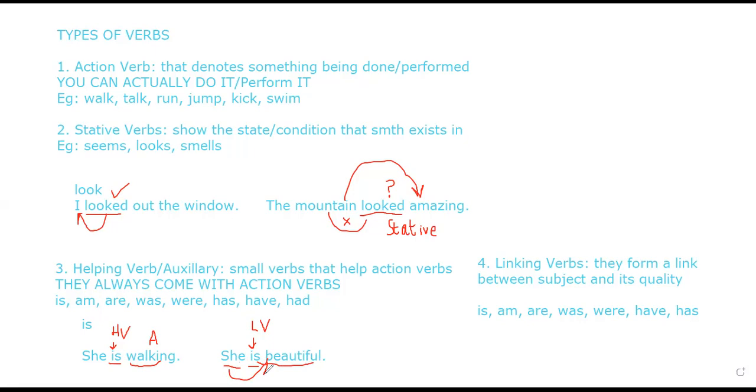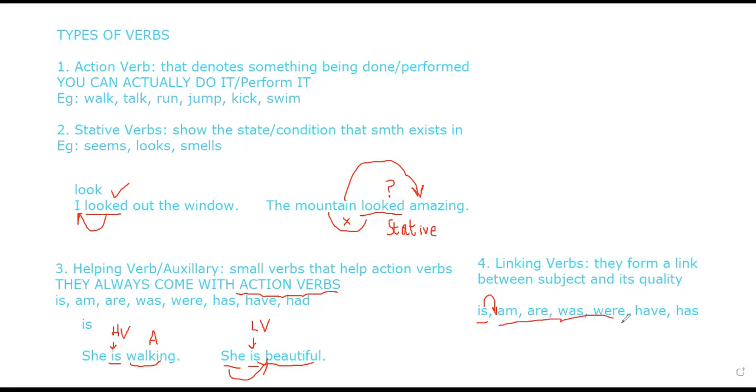So again, helping verbs, they will always come with action verbs. In the sentence, you will have an action verb. But if there is is in a sentence and after is, there is no main verb, no action verb, right? Then you would know that this is a linking verb. This is not a helping verb. Even though they look alike, they are literally the same.